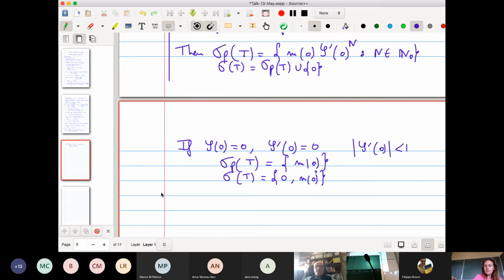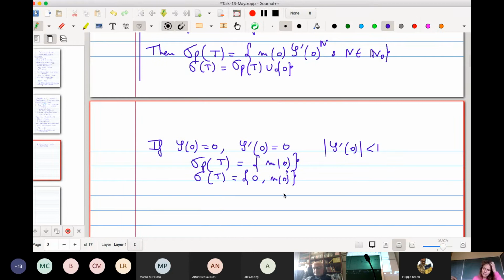And moreover, because once we have a description of the point spectrum, it's also very interesting to know if we can describe the eigenspace. We can do that.